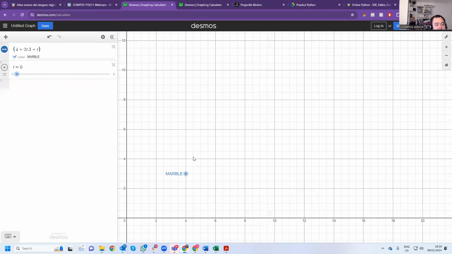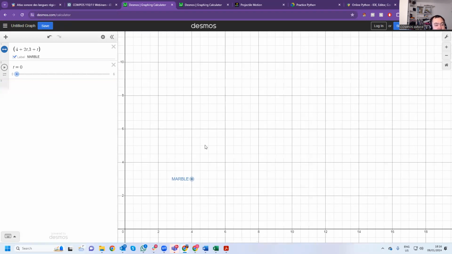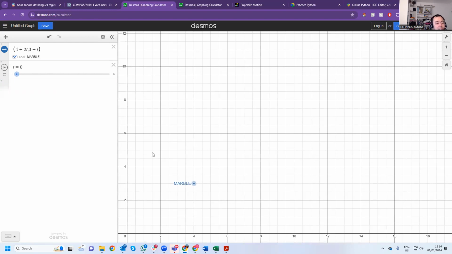Right. So what do we see? We see that the marble, when t is 0, is at (4, 3). And that makes sense.